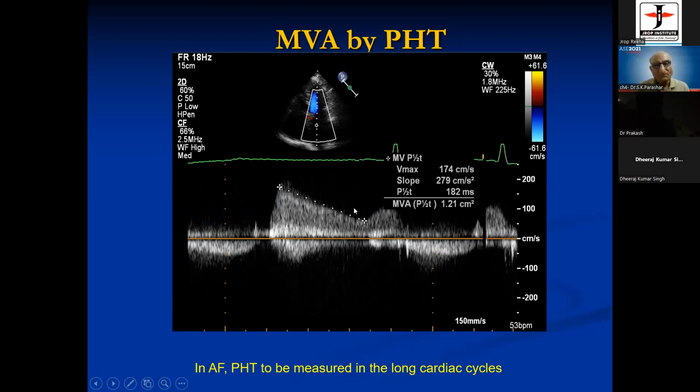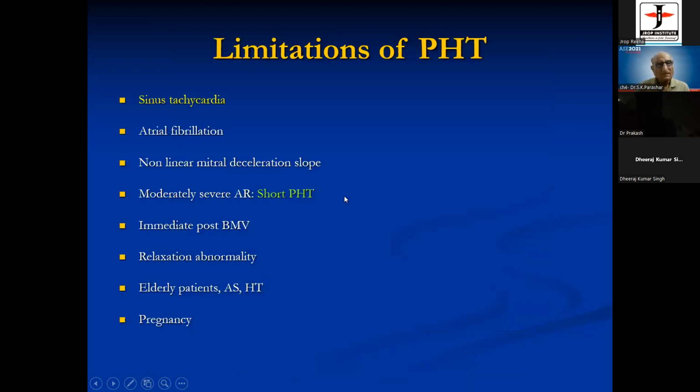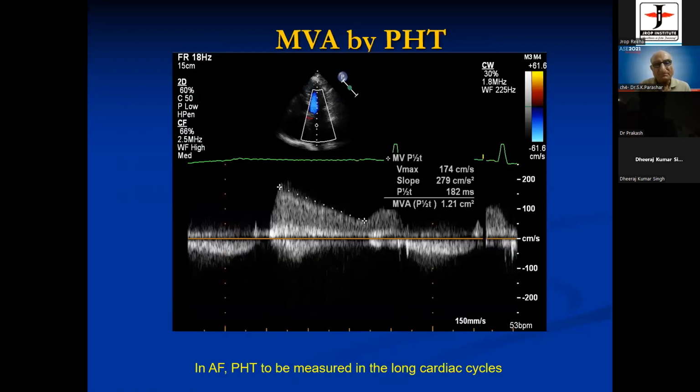So this is how we get a mitral valve area by pressure half time. Now there are certain limitations of pressure half time. I will only tell you those limitations which you encounter in day-to-day practice. For a calculation of the mitral valve area, you require this slope.